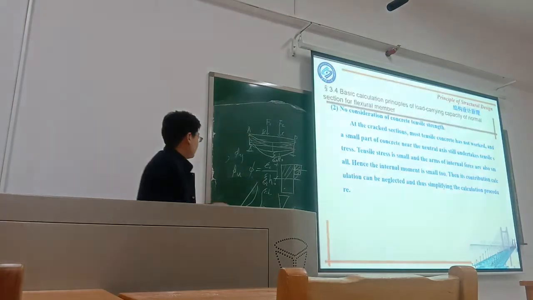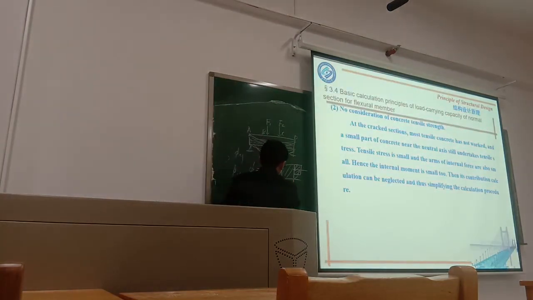That means for this beam, once the crack appears, some part of the concrete can still resist some tensile force. But the value of the tensile force resisted by the concrete is small, and the arm of the force to the neutral axis is very short.